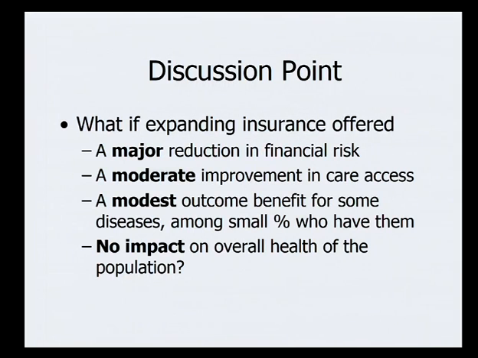Tom? So, Stefan, how could anyone look at that question up there, and if what you're asking is, if expanding insurance did A, B, and C, should we do it? How could anybody possibly say no? Well, if I have a fixed number of dollars to spend to improve the health of the population, and there was something else that we're clearly likely to do, I don't know.